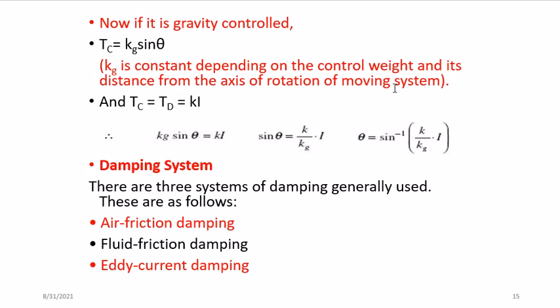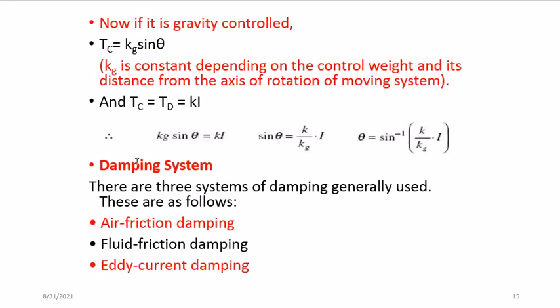And even in this case, our controlling torque must be equal to our deflecting torque, which is KI. So I can now say Kg sine theta is equal to KI. So sine theta is equal to K over Kg times I. To get theta, I'll take the sine inverse of both sides, which means my theta is equal to sine inverse of K over Kg times I. This is the expression for my theta, that's the angle of deflection, with respect to the constant for the weight and the current we are measuring.